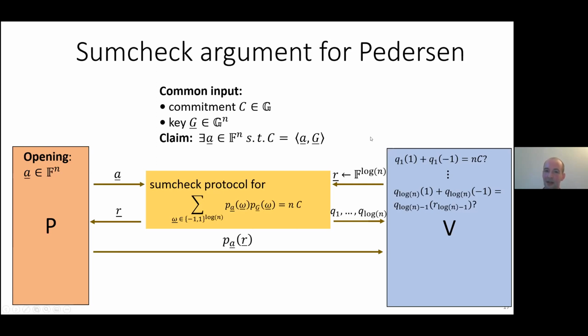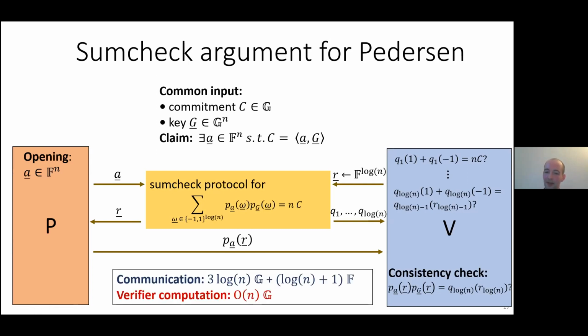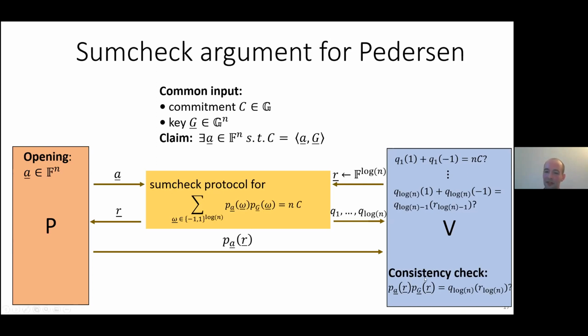And then the one difference from the classic sum check protocol is that at the end, when the verifier wants to compute an evaluation of the polynomial at a random point, actually they can only open half of it.